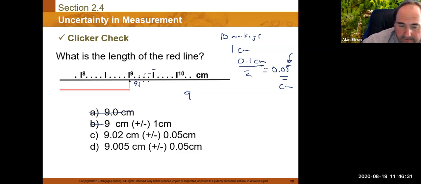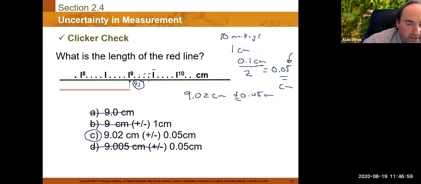Shouldn't be that guy either. This guy's the third decimal place. So it has to be this one here. So it's at least 9.02 as it's just past the 9. It's definitely before the 9.1, so it's definitely not 9.1 in centimeters, with our precision of 0.05 centimeters, plus or minus.